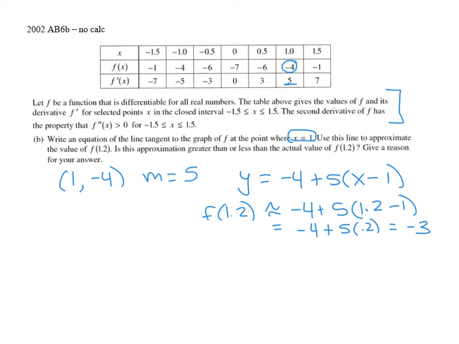The second derivative has the property that f double prime is always greater than 0. So what is that telling you? That this thing is concave up, which means the tangent line is going to be below the graph. So this is an underestimate. So -3 is an underestimate.